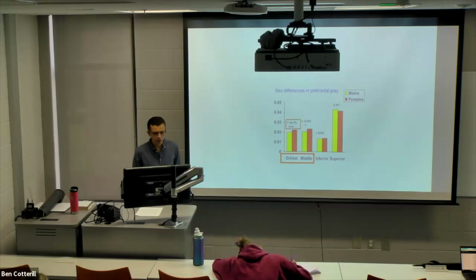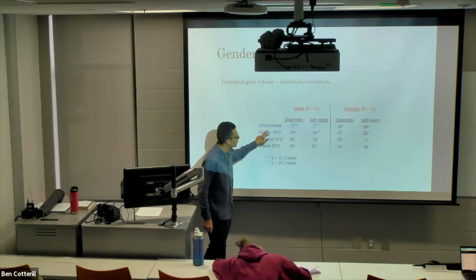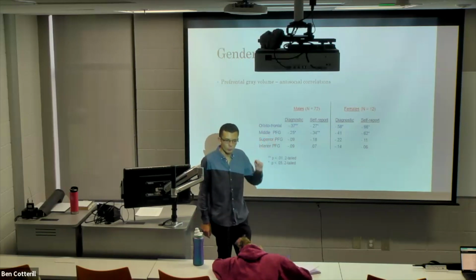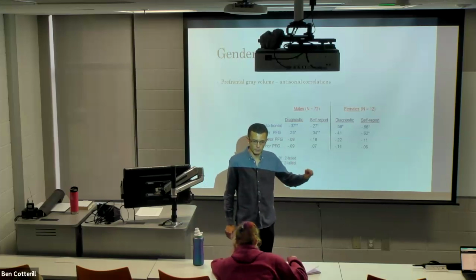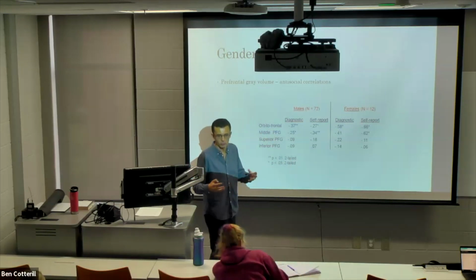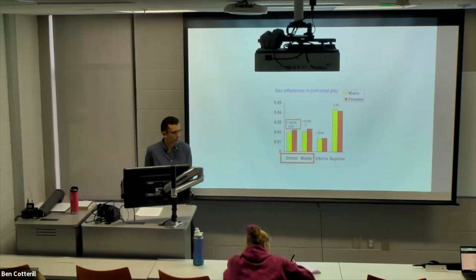Now, what's interesting is, as we've just looked at, it's the orbital region and the middle region, okay, that seem to be most connected to antisocial behavior, meaning when these two in particular are reduced in thickness, that's when there's the increased probability of crime and antisocial behavior.